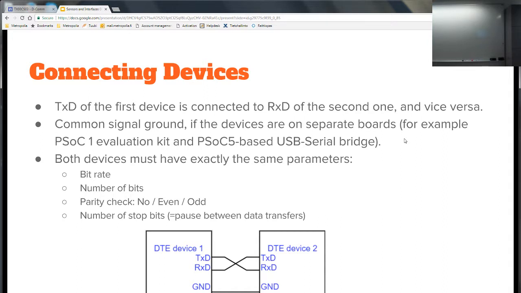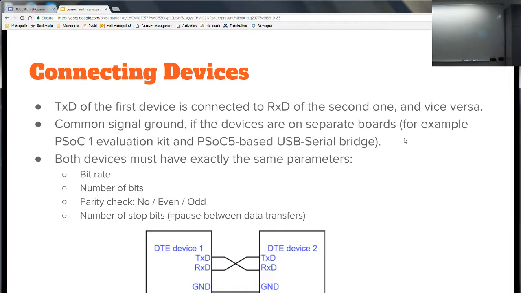A couple of terms which are historic. There used to be two different kinds of devices on an asynchronous serial line. One is DTE and one is DCE.